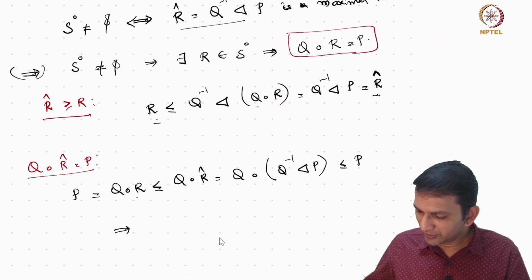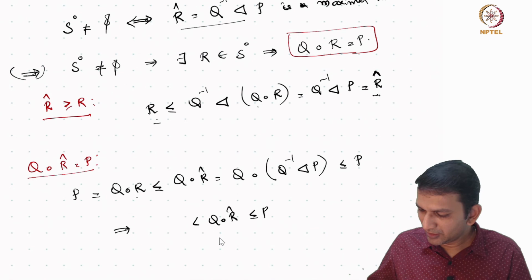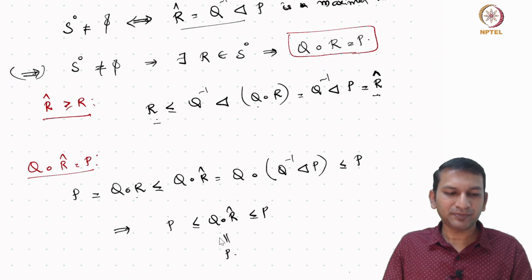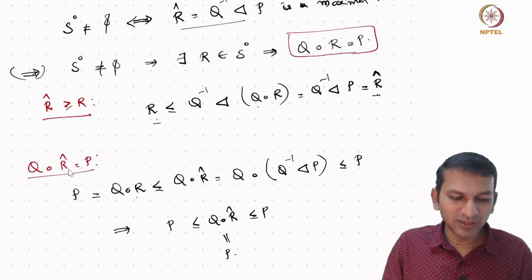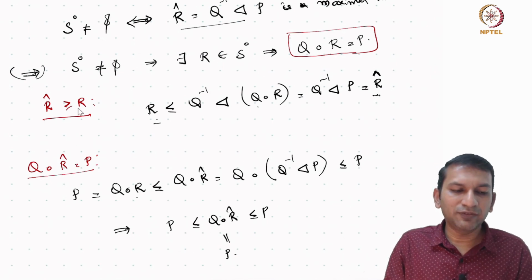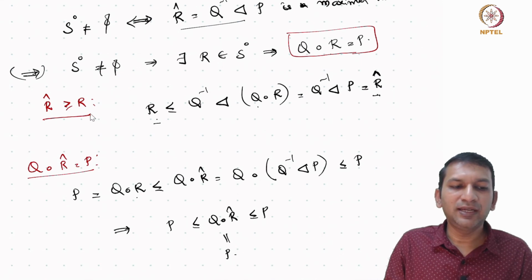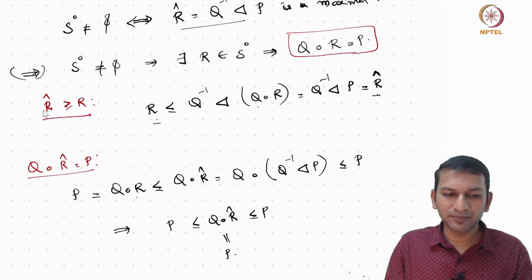So from here what we get is Q circle R cap is both less than or equal to P and greater than or equal to P, which means this is actually equal to P. So what we have shown is that R cap is actually a solution, and also that if there exists some other solution, it definitely does not dominate R cap.